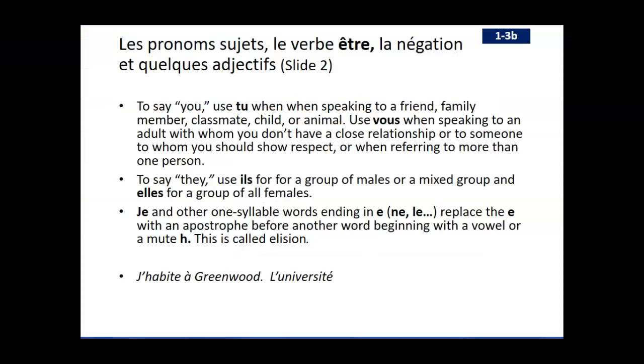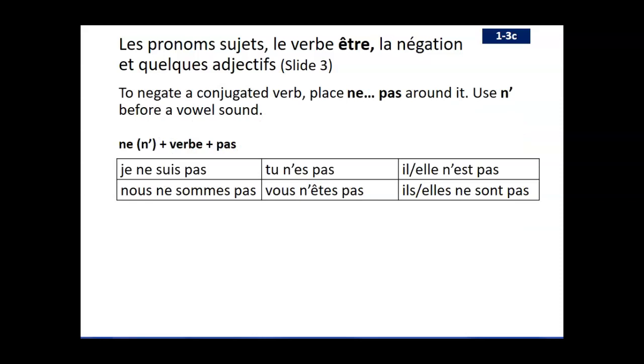All right, so we've covered tu and vous. We know what il and elle refers to, who je refers to, and that would be I. Okay, and we've already learned about negation too, but it's good to review that. So anytime you're negating or making a conjugated verb the opposite meaning, like not, we're going to use ne and pas.